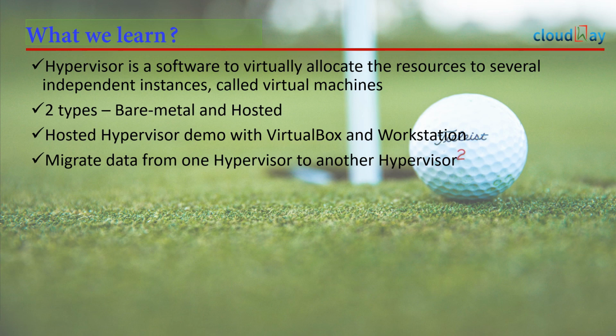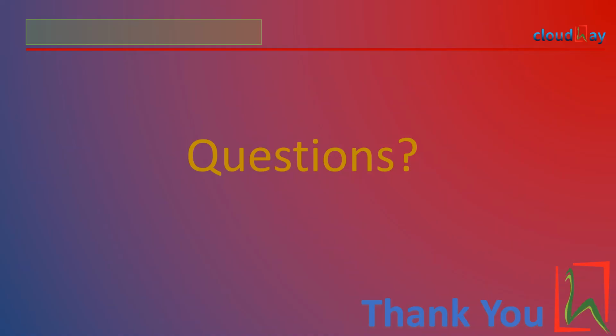What we have seen in this demonstration is the hosted, or type 2, hypervisor. Bare metal hypervisors are used in cloud services, which we will cover in later sessions. VirtualBox and Workstation are installed on top of the operating system, which makes them type 2 hypervisors. And we have migrated the data from the VirtualBox hypervisor to the VMware Workstation hypervisor.